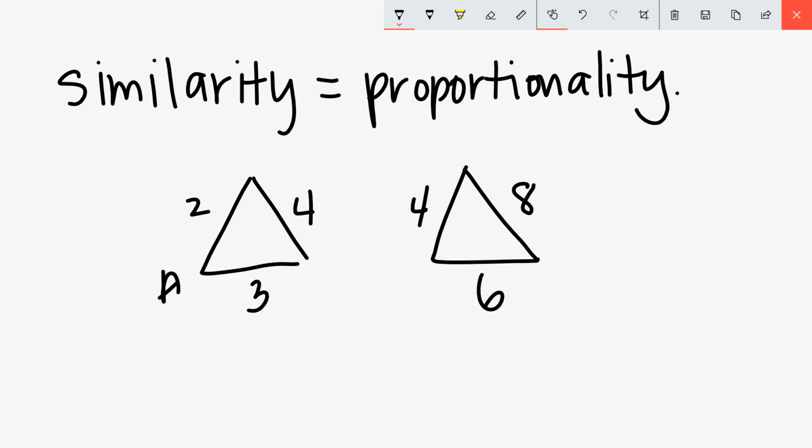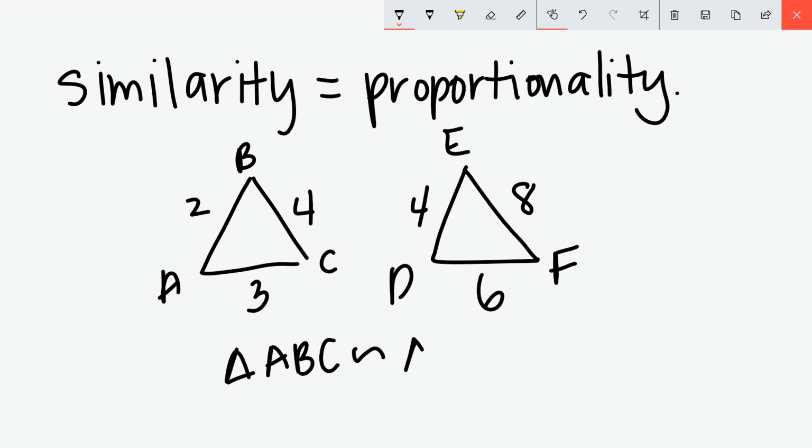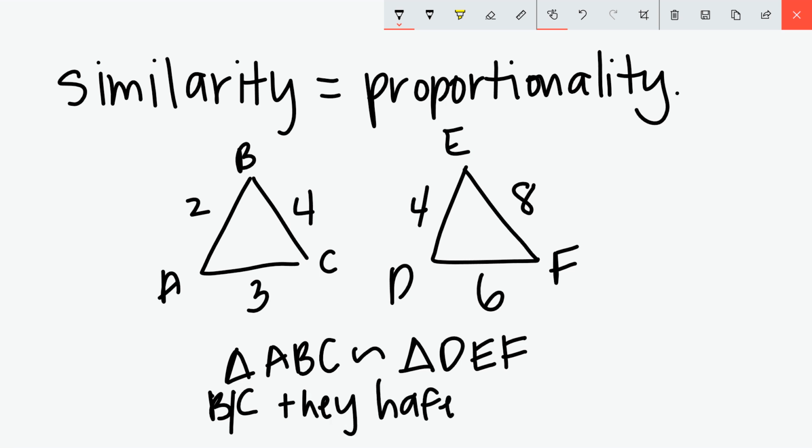Let's say A, B, and C, and this is D, E, and F. I can say that triangle ABC is similar to triangle DEF because they have a scale factor of 2. Okay.